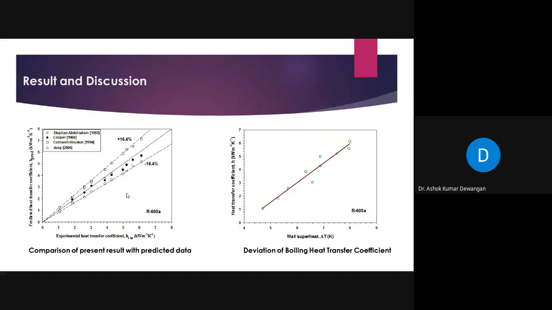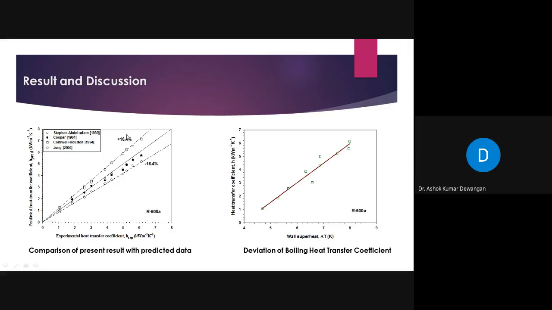The heat transfer results of pool boiling of refrigerant over this horizontal tube are compared with some conventional correlations. Here the experimental result shows around plus or minus 17% error for this refrigerant, with mean deviation ranging from minus 15.87 to 16.45.